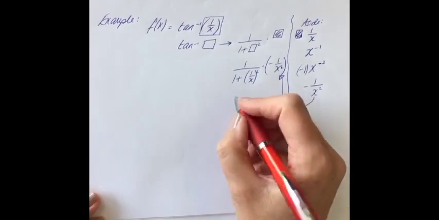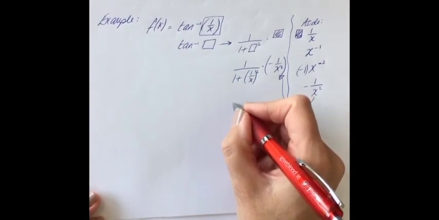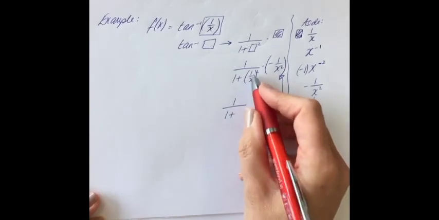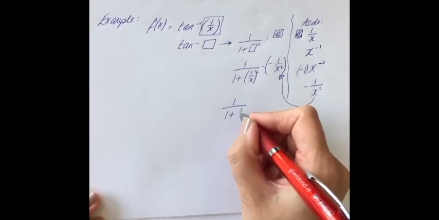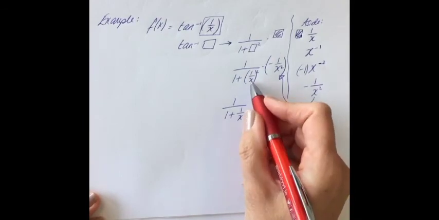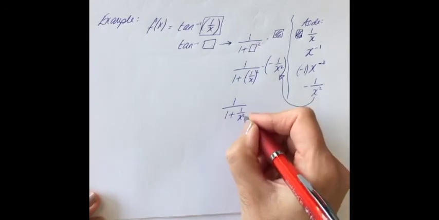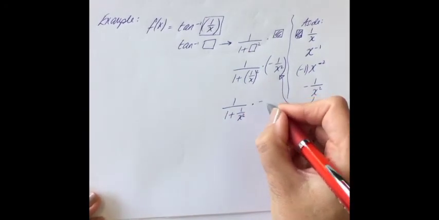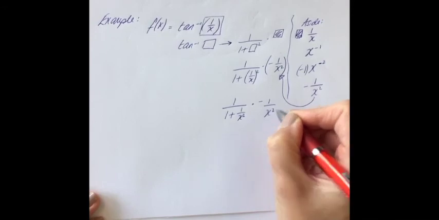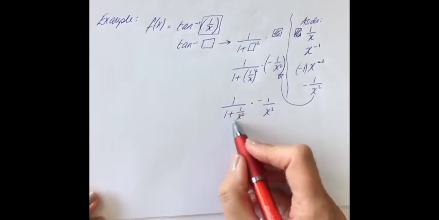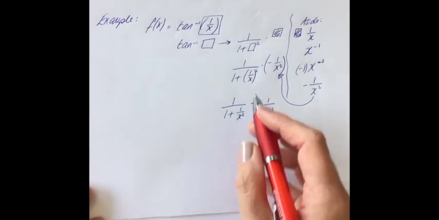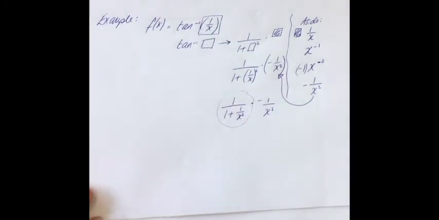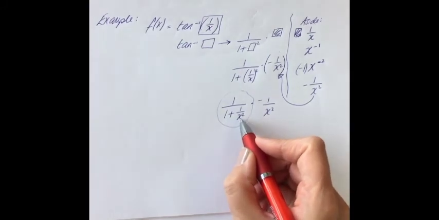Okay, let's tidy this up. So I have 1 over, then I have 1 plus. Let's square this first. So 1 squared is 1, and then I have x needs to be squared as well. So 1 over x squared times, obviously you have your minus 1 over x squared there. I want to deal with this now. So the first thing I'm going to look to do to deal with just this part of the fraction is I don't want to have this divide by x squared on the bottom.